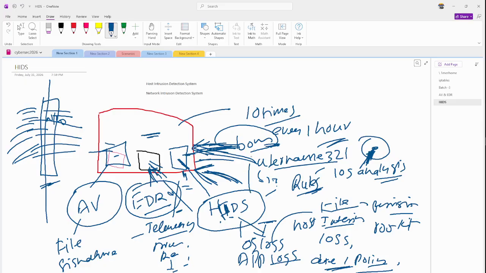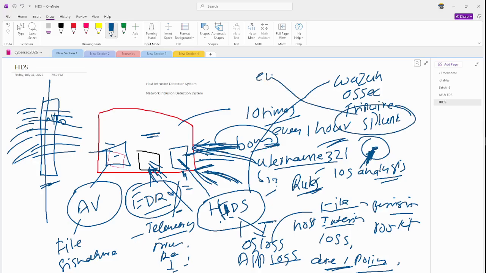So what tools do you have? Wazuh, OSSEC, Tripwire, and you have Splunk here. Splunk is an enterprise tool, so it will do a lot of things, not only HIDS. This is a very good tool. If you learn this tool also, you will have a very good opportunity.